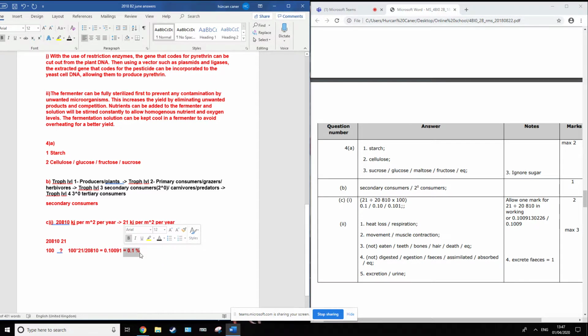Let me try another way to calculate. The one I did here is foolproof. You ask yourself, if in 20,000 it's 21, what is it in 100? So here what you do, you multiply these two, 21 and 100.